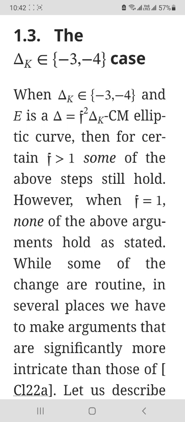When delta K is -3 or -4, and E is a CM elliptic curve with delta equal to f squared delta K, then for some certain f bigger than 1, some of the above steps still hold.